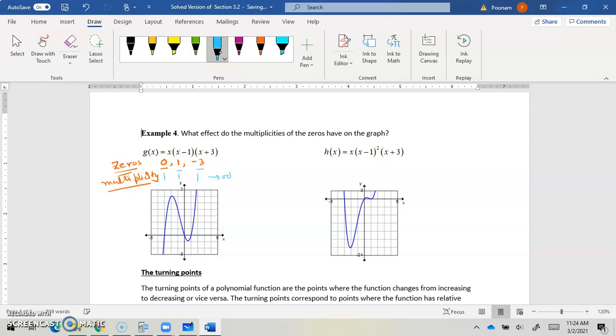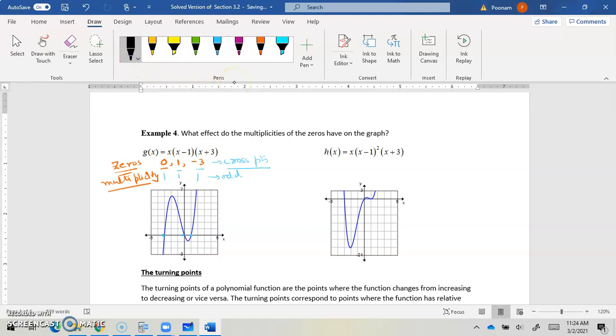So they are all odd. That means all of them are cross points. So you see here is the graph. It passes through at 1, at 0 and at negative 3. At each of these points the graph just passes through, right? So the multiplicities tell us they are the cross points.